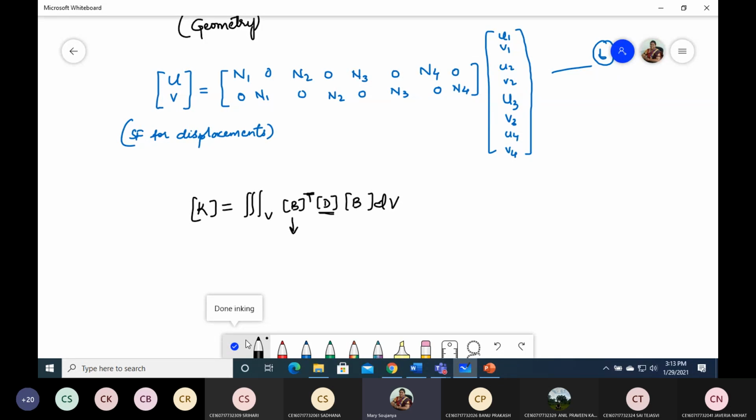That is, we have to introduce the Jacobian matrix to get the derivatives of the shape functions from the natural or local coordinate system to the global Cartesian system.